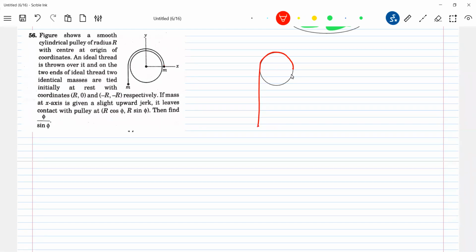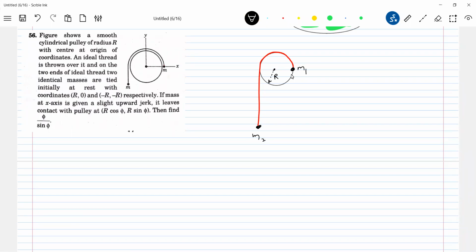Okay, there's a thread. So now these are the bobs, particles, M. Two particles are there called M1, M2. Of course, they're the same. Let me take it.